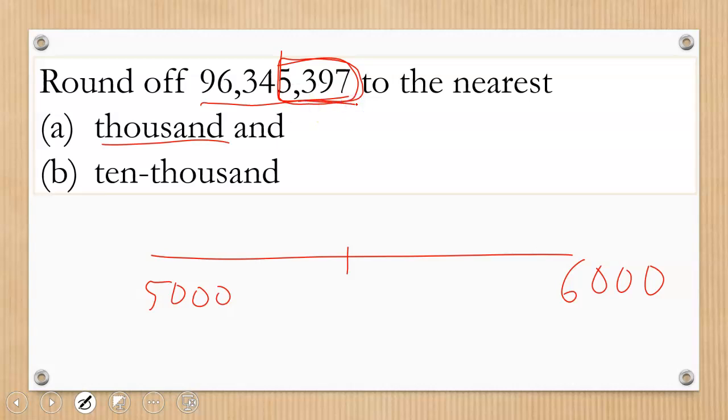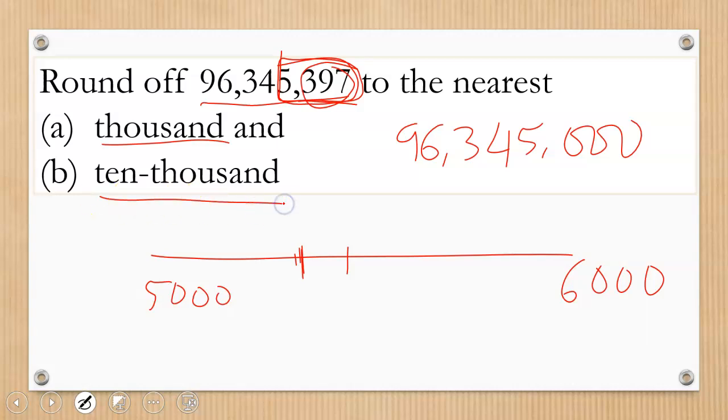The 397 is closer to 5,000 than to 6,000, so this must round down. Our answer for the first will be 96,345,000, because 397 is not up to 500, and so it can be rounded off this way.